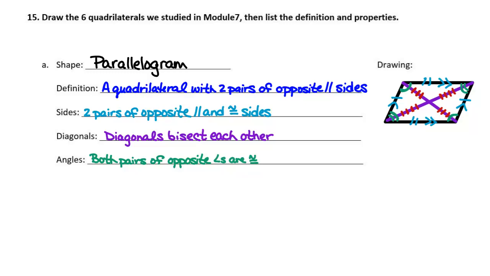So that was the first quadrilateral that we studied in depth. All right, then what we talked about next was a rectangle.